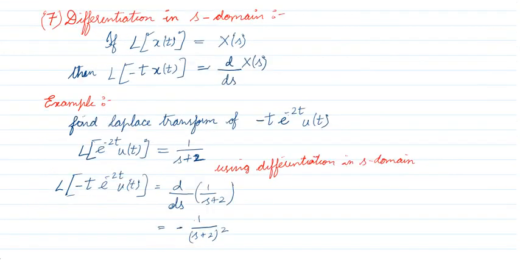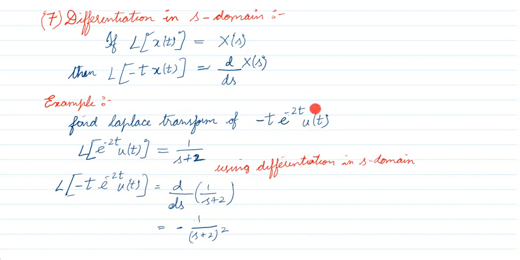Now we look at another property, differentiation in the s domain. If x of t has the transform x of s, then minus t into x of t gives the differentiation of x of s with respect to s. Now the question is: find the Laplace transform of minus t e power minus 2t u of t.